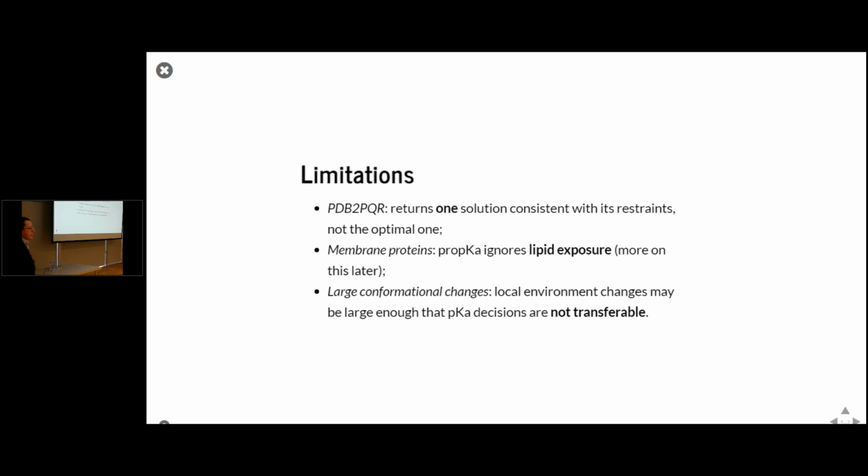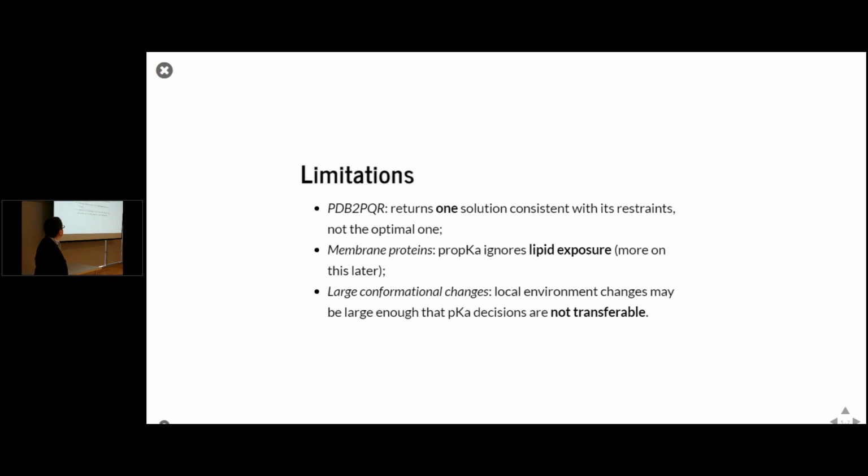Now, there are some limitations to be considered. The first one is that PDB2PQR most of the times gives you reasonable results. So if you open the structure and consider whether the hydrogens are put in the optimal arrangement or flipping as you would have done manually, most of the times it's like that. Sometimes it's not. And this is not always easy to debug.